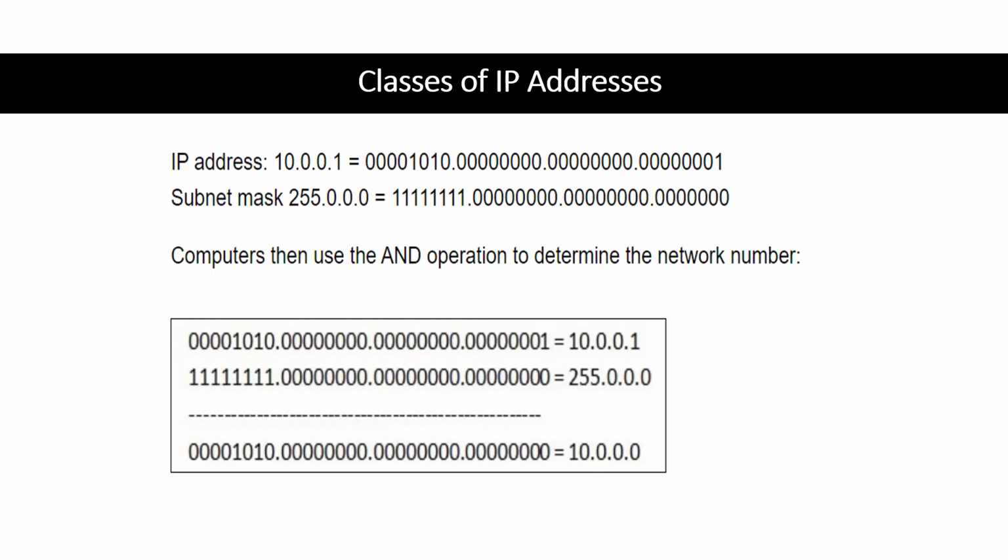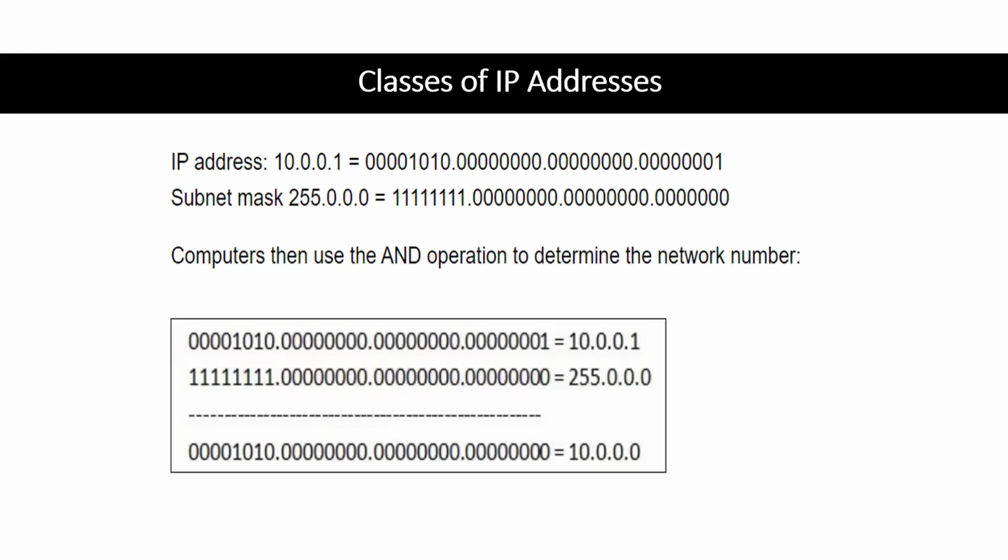As we can see, looking at the first octet, 00001010 converts to 10. We're still with the same IP address. If we go to the middle octets, 0 and 0, we see it's all zeros.